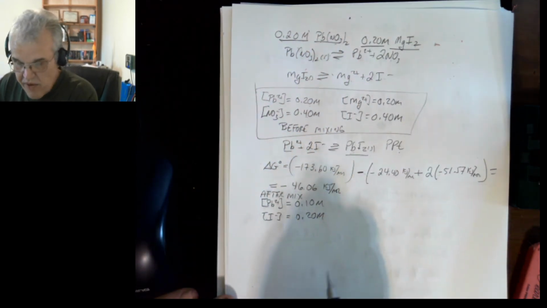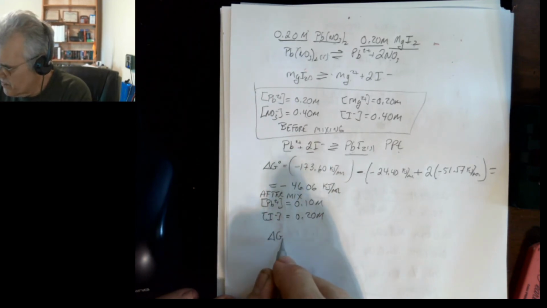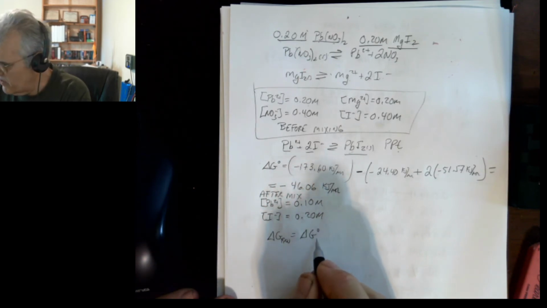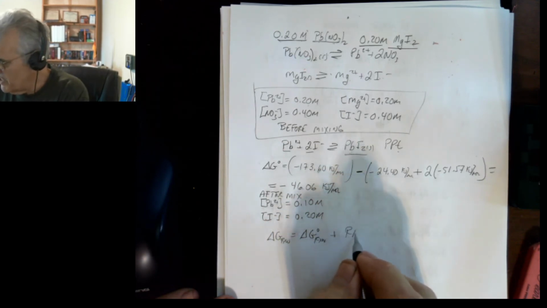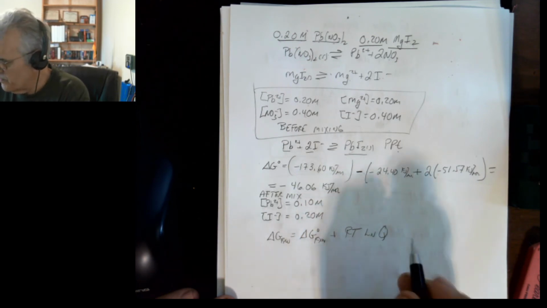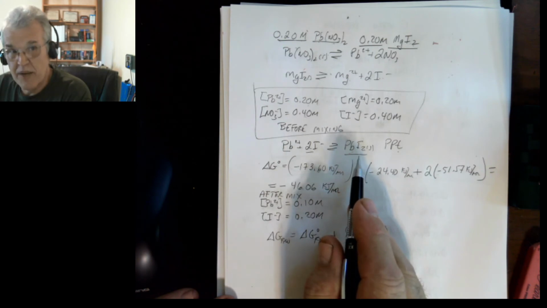Okay, now we can go to our equation. And our equation says delta G of reaction is equal to delta G naught. I'll just write it out, then we'll put the values in of the reaction, plus RT, that's the value we already calculated out, ln of Q. Q is products over reactants from the balanced chemical equation.